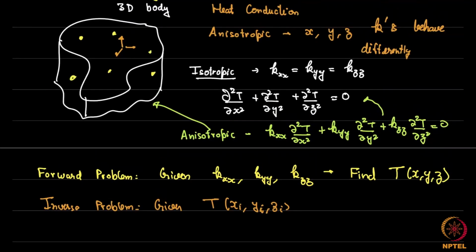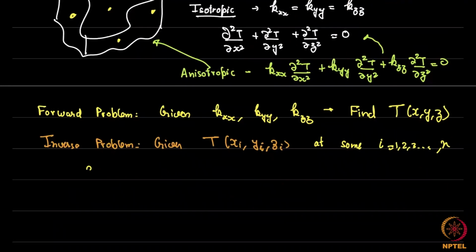Suppose I have 5 or 6 thermocouple sensors distributed across the body, even though it looks like it's within a plane. Remember, this is a 3D body. I could put my sensors anywhere. So given this at some xi, for i equal to 1, 2, 3, 4, however many sensors we have, to estimate. We can't find, but we can estimate the property.